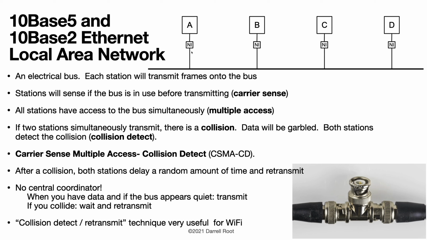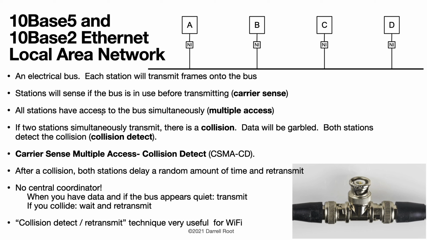The group of bits transmitted on the bus to send one message is called an Ethernet frame. Stations will sense if the bus is in use before transmitting. That's called carrier sense, and they only transmit if the bus is not in use. However, it's still possible to have a collision because signals transmitted from one station may not have reached another station when that station believes that the bus is inactive.